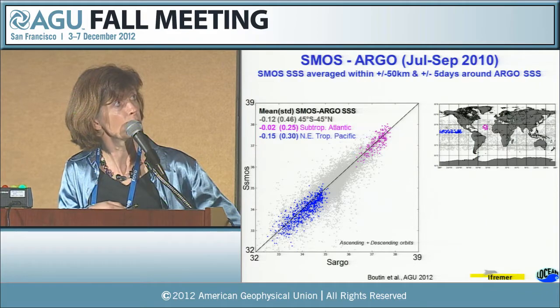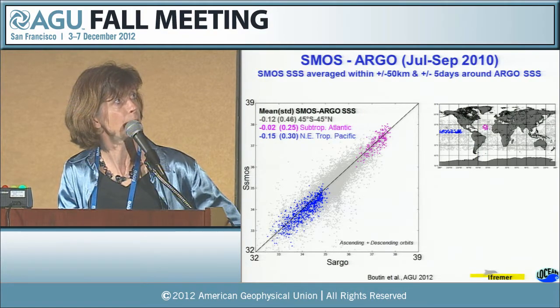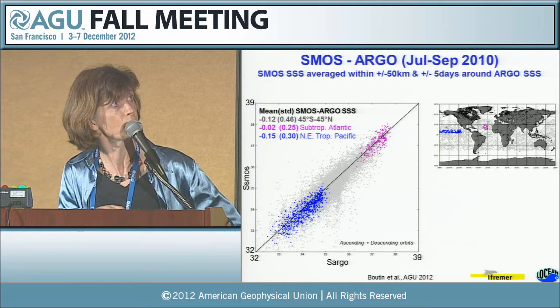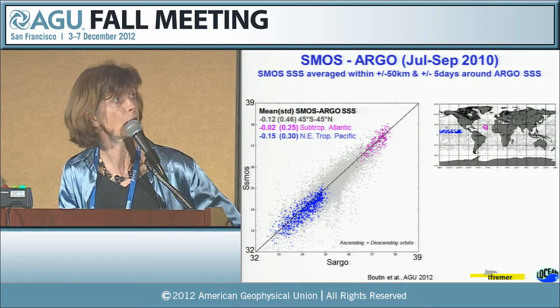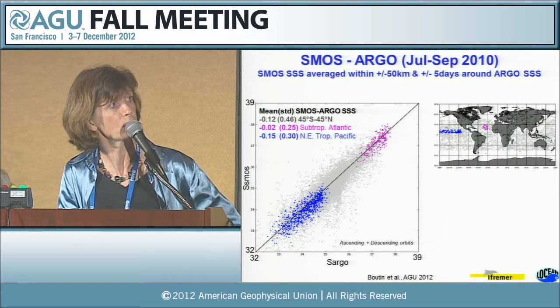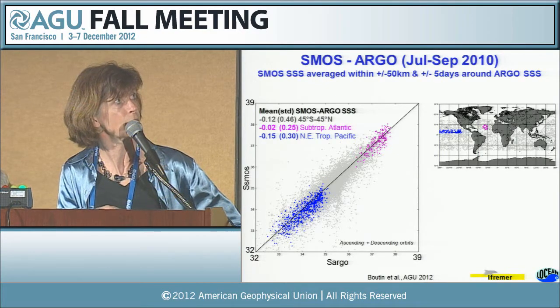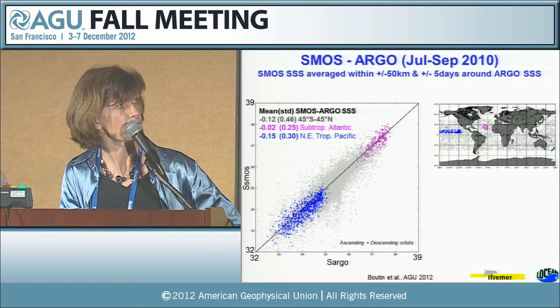Concerning the large zone, you see the statistics of the comparison, considering ascending and descending passes. You see the standard deviation of the difference, 0.46 salinity units, and a slight negative bias, which is due to the fact that in that comparison we did not sort out the data close to the large land masses, and we know that there is a negative bias around these places.